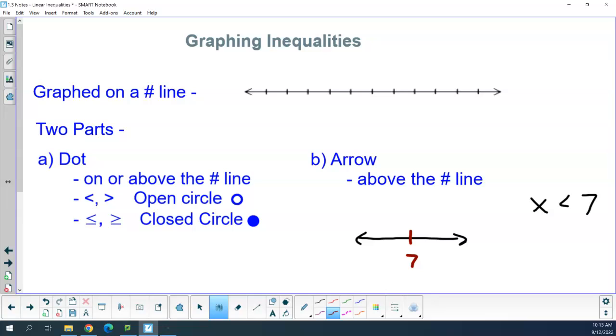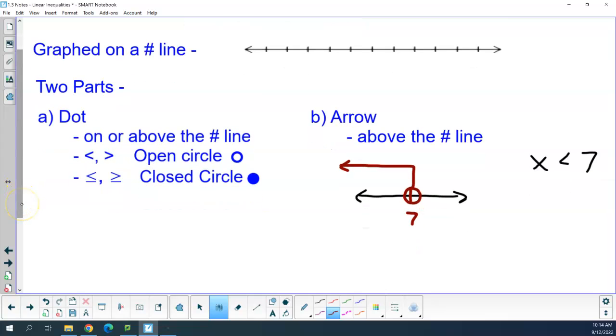Then, because it's less than, that means I'm going to have an open circle right around that number on the number line. And I want numbers smaller than 7, so those are numbers to the left of 7. So that's what your graph looks like.